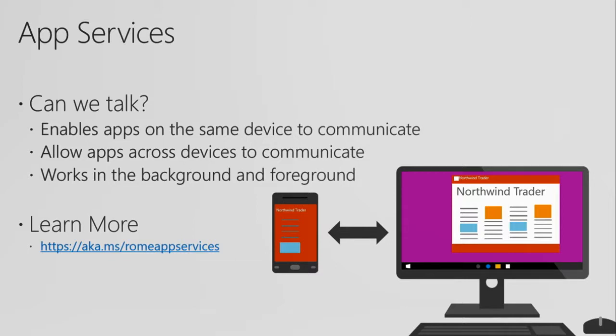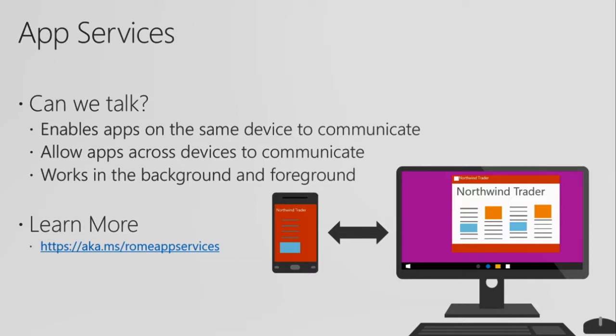Later on, you can also have an app on one device talk to an app on a different device. They can be the same app, or they can be different apps. What that enables you to do as a developer is enable richer experiences across your apps as a publisher, or if you're doing some extensibility work with another application that you may use, it enhances the richness of experience inside of that application.